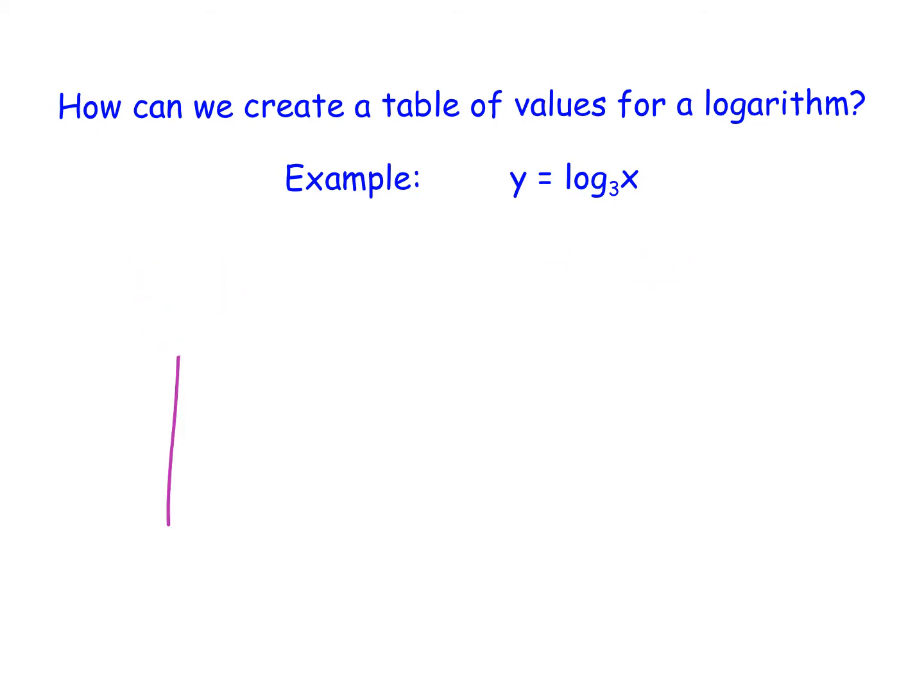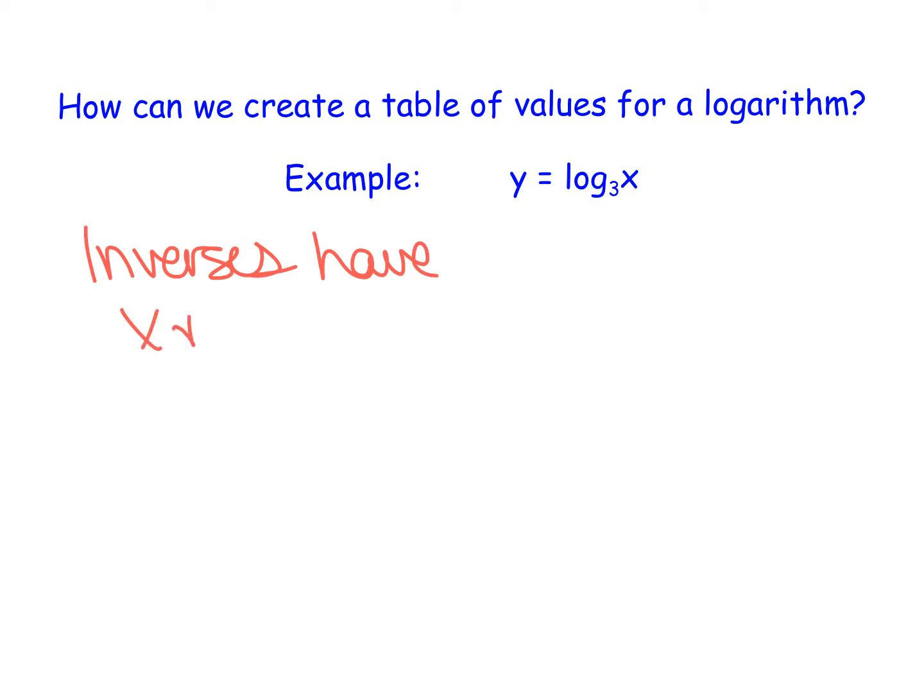So we're going to have to do something a little bit different, as just plugging in -2 to 2 doesn't quite work. Now what we can use instead is our knowledge of inverses. We know that logarithms and exponentials are inverses of each other. What we also know is that inverses have x and y values that are essentially flipped in their table.